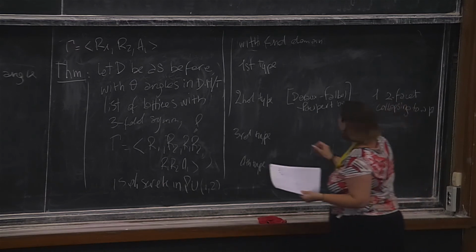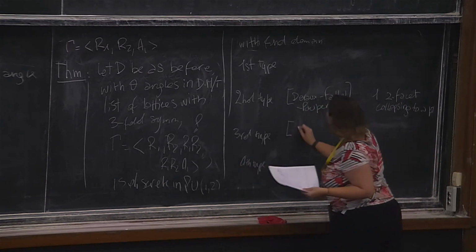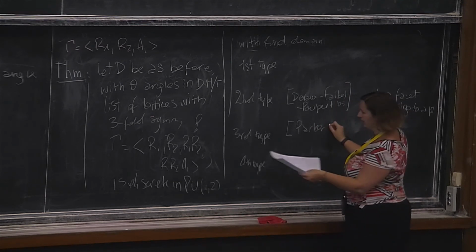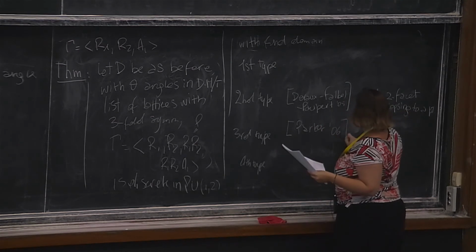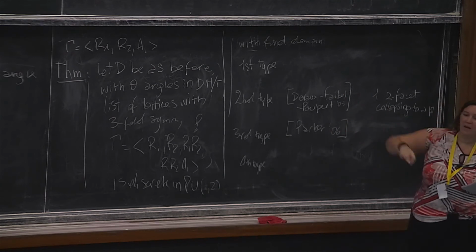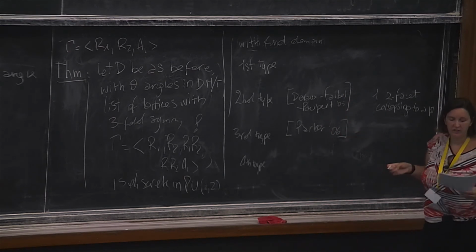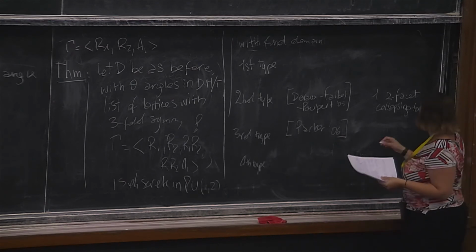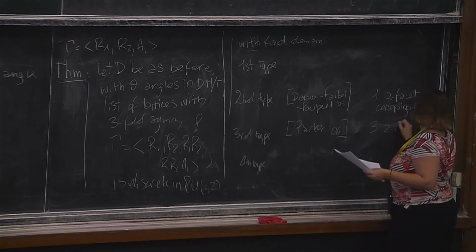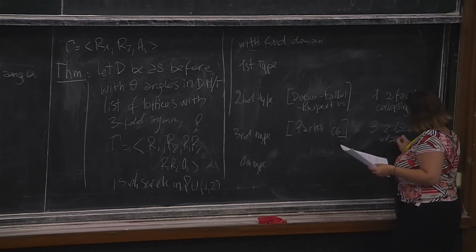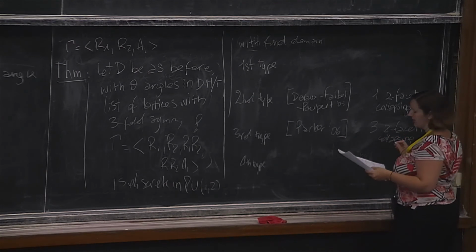And then Parker considered the lattices of third type in 2006. And that's where he came up with the nice parametrization of the cone matrix that I described earlier, where we have two facets collapsing. Collapsing, I always mean to a single point.